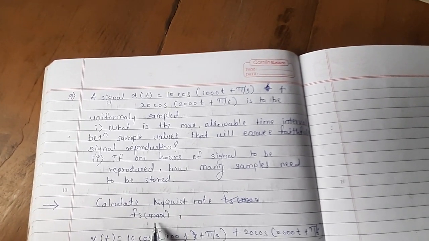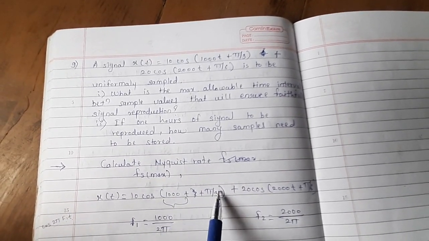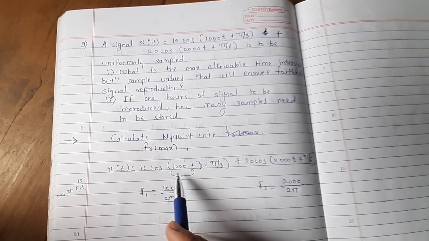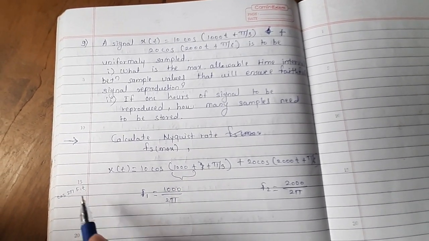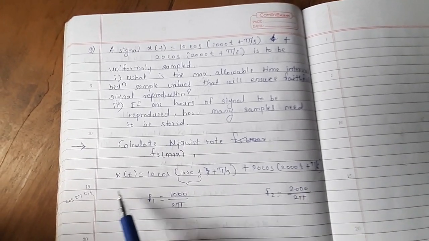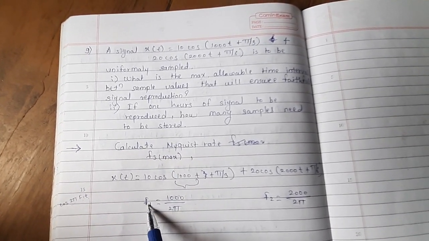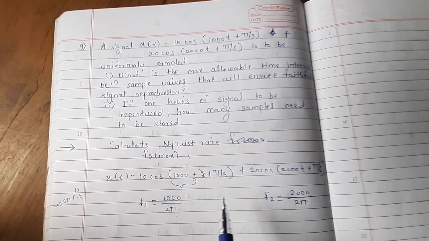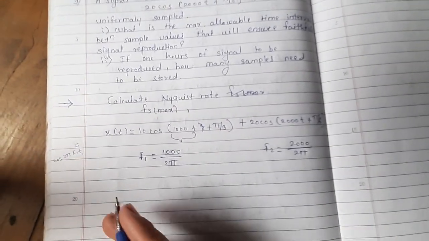So first we have to calculate the f max by using Nyquist rate. So we write here the given expression. We compare this equation with the standard equation. Standard is 2 pi f1 t and 2 pi f2 t. So we compare this 2 pi f1 t with this equation, and we get f1 is equal to 1000 divided by 2 pi, and here f2 is 2000 divided by 2 pi.